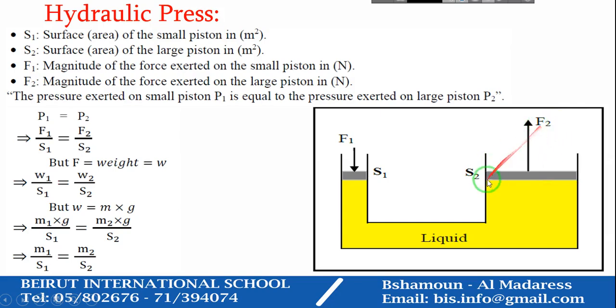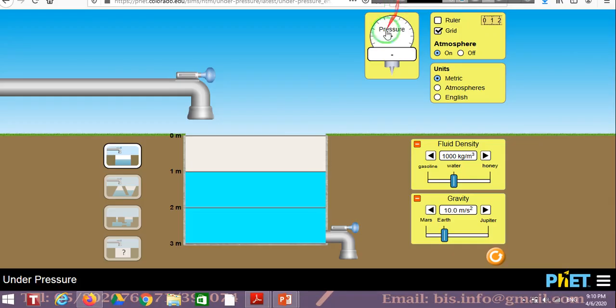Pressure exerted by F2 on S2, F2 over S2. So the relation will be, if we are using weights, W1 over S1 equals W2 over S2, where W equals M times G, so M1 times G over S1 equals M2 times G over S2, which is known as the hydraulic press.